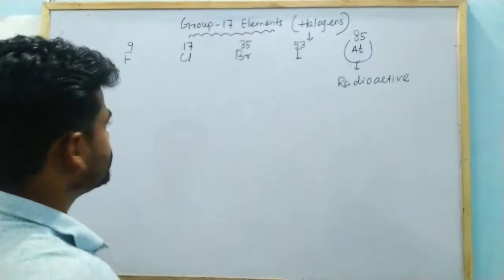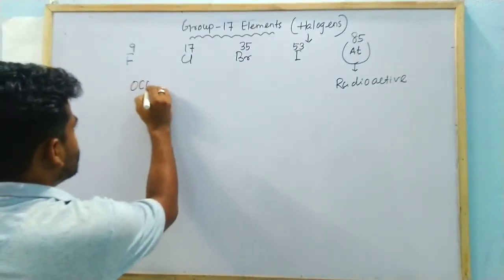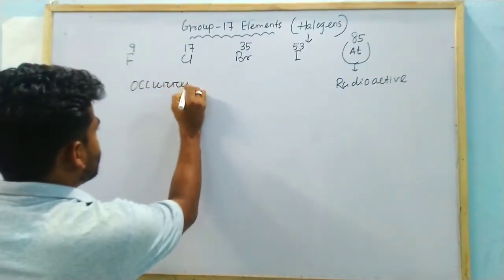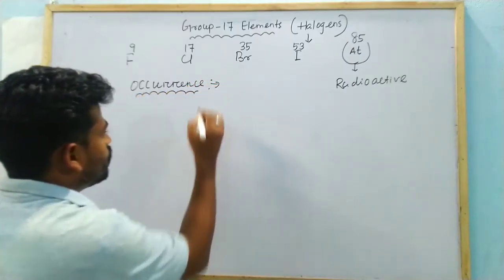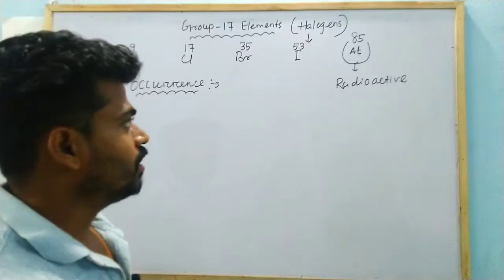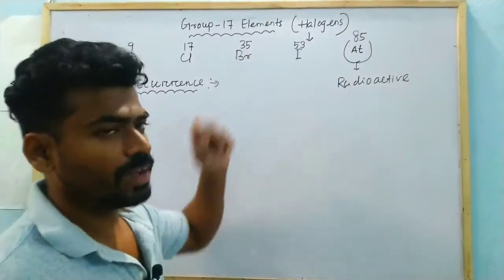Next is their occurrence. As I have told you, these are mostly found in seawater, or seawater is the source of halogen atoms.